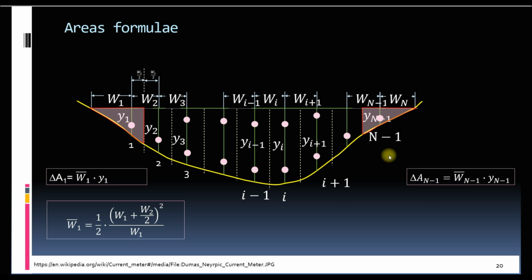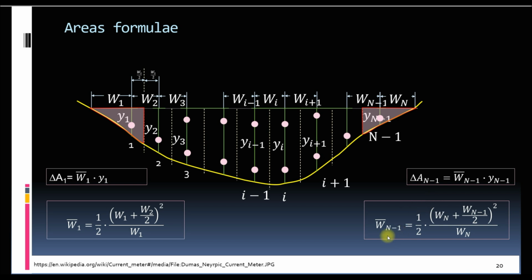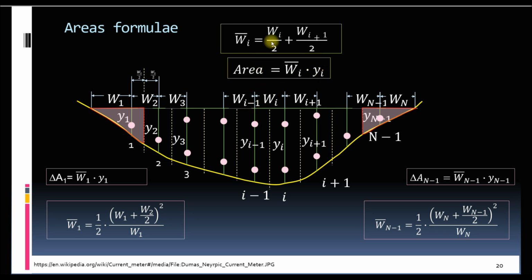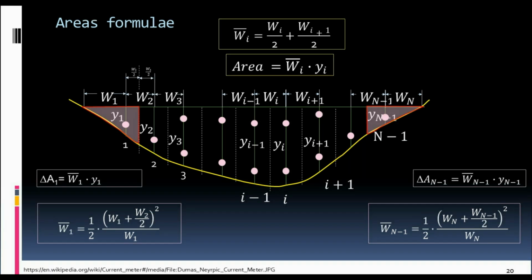Similarly, for the last triangular section, area will be equal to Wn-1 bar into Yn-1, where Wn-1 bar is equal to square of (Wn plus Wn-1 by 2) by 2Wn. All the in-between rectangles have an area equal to Wi bar into Yi, where Wi bar is equal to (Wi plus Wi+1) by 2, where i varies from 2 to n-2.